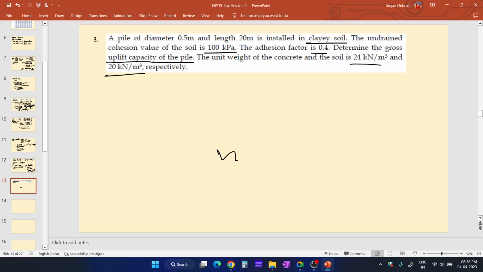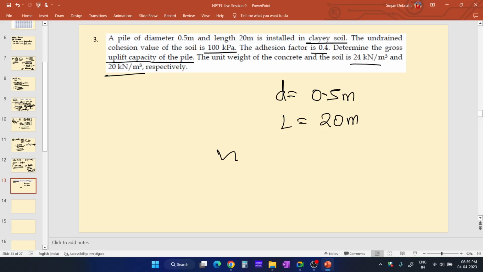So we need to find out the uplift capacity of the pile which is installed in a clay soil. First of all, let me write down all the data that are given in this question. After that, I will explain what is uplift capacity. The diameter of the pile is 0.5 meter. The length of the pile is 20 meter. It is installed in a clay soil.